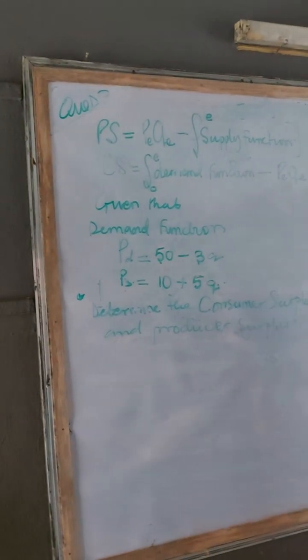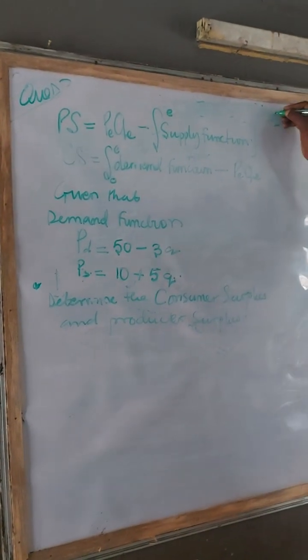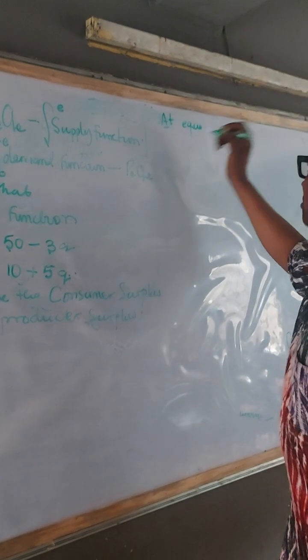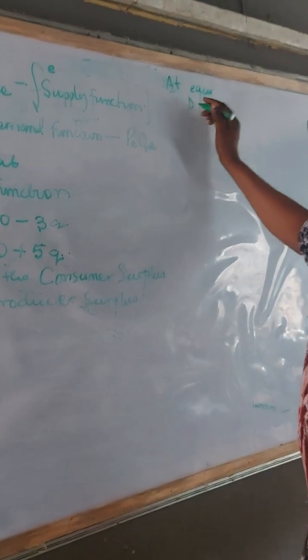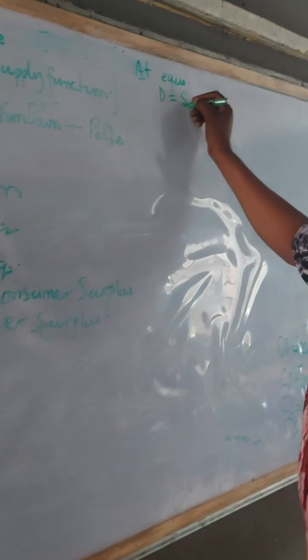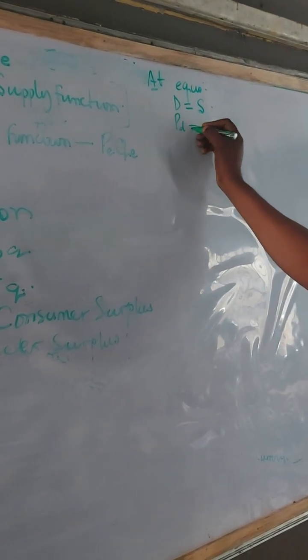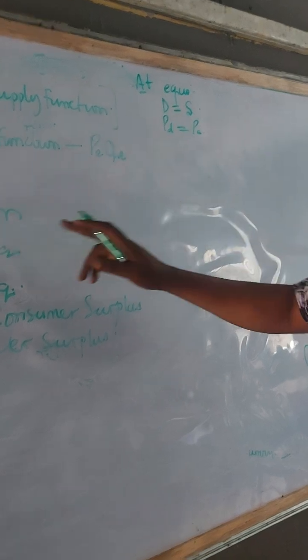equilibrium quantity and price. So at equilibrium, our demand equals supply, isn't it? So our PD equals PS. What is PD?